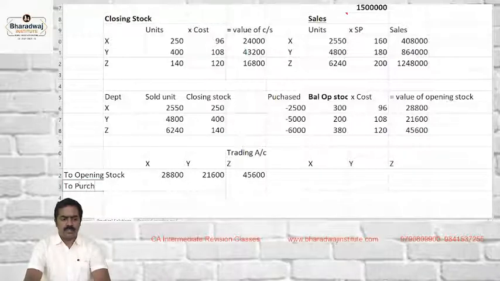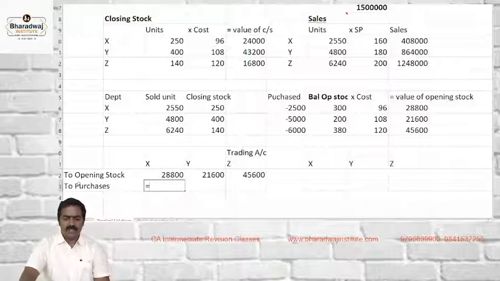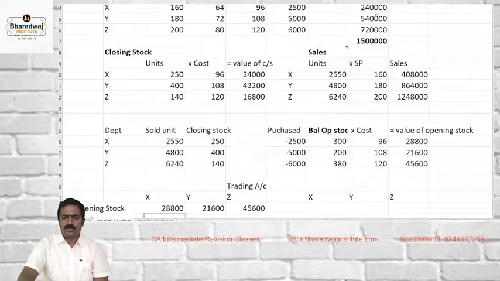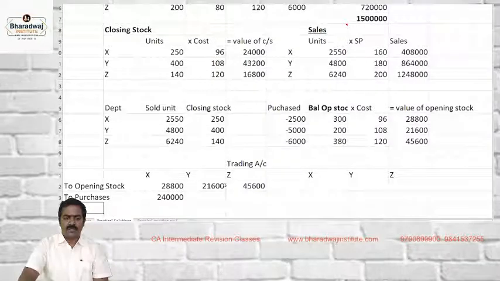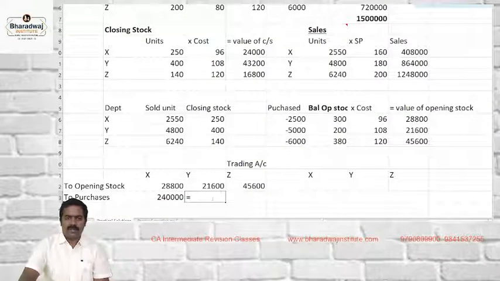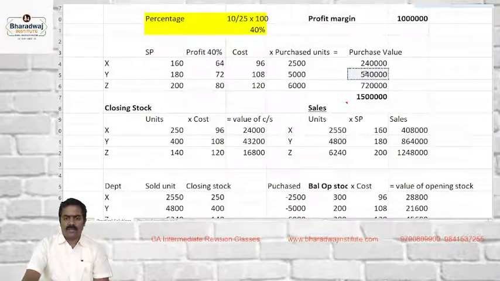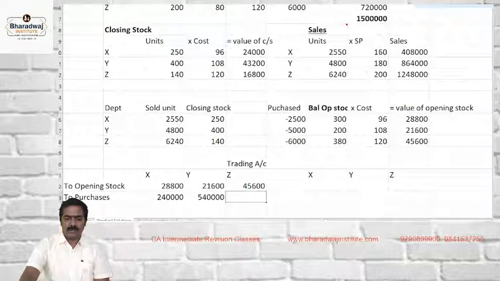Purchases also, we worked out the value separately in a working note: 2,40,000 for X, 5,40,000 for Y, and 7,20,000 for Z.